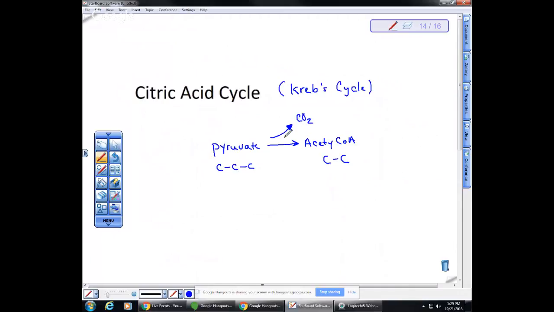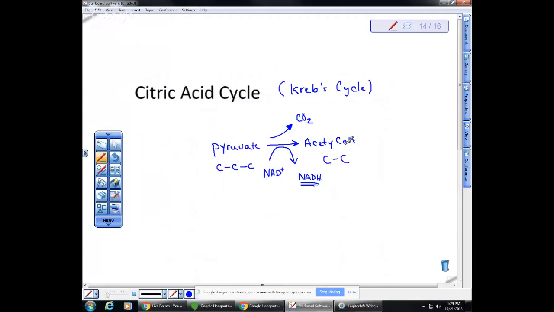Now when we break this bond, we're oxidizing pyruvate, and so we can also reduce another high energy molecule called NAD, and NAD can be reduced to NADH, and NADH has more energy than NAD. So that is an important aspect of this.